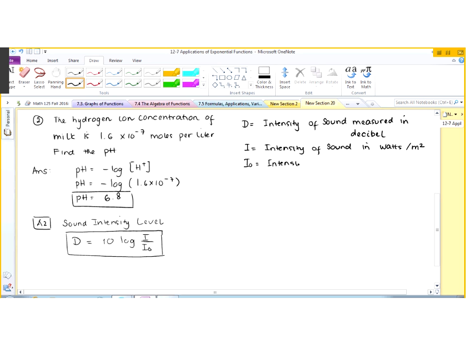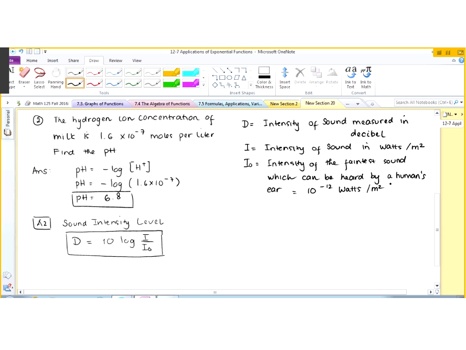I naught is the intensity of the faintest sound which can be heard by the human ear, and it is equal to 10 to the negative 12 watts per meter squared.